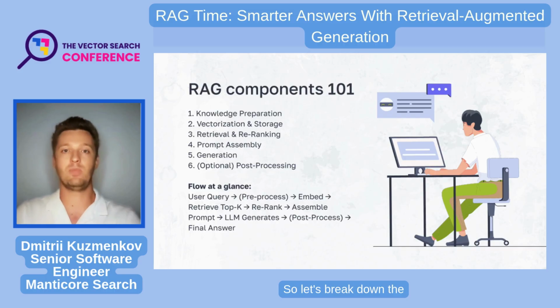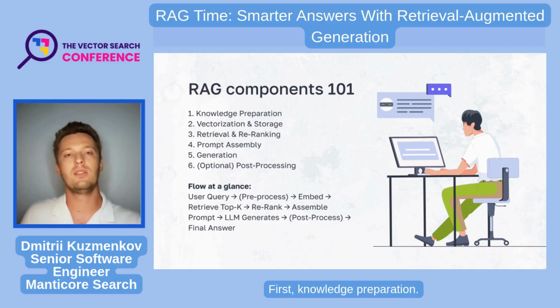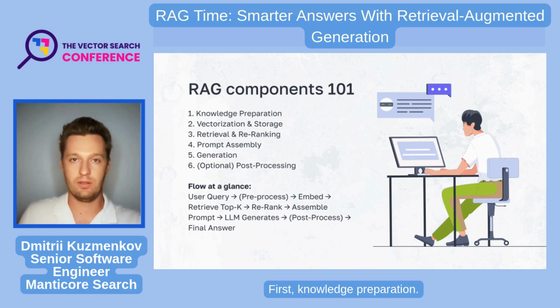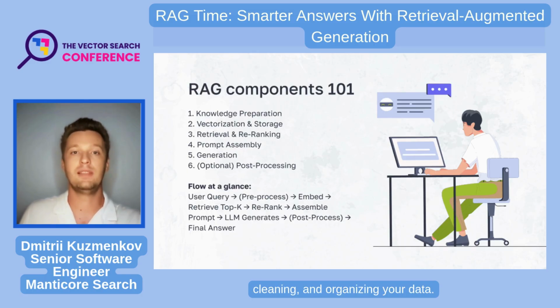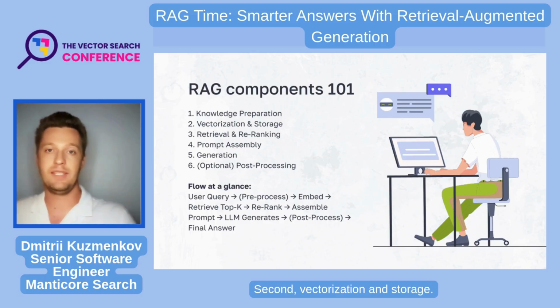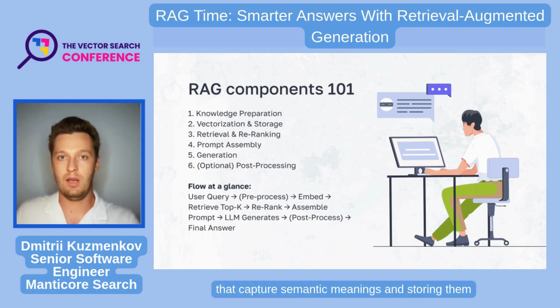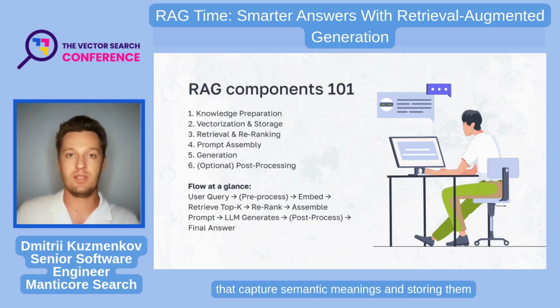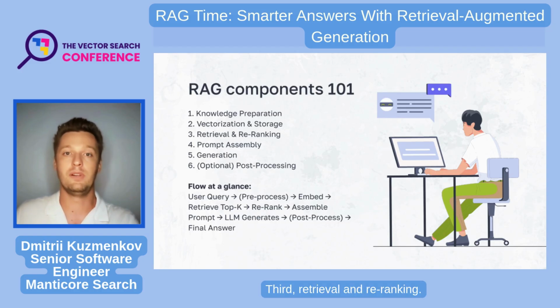So let's break down the core components of a RAG system. First, knowledge preparation. This involves collecting, cleaning, and organizing your data. Second, vectorization and storage. Converting your text into numerical representations, vectors, that capture semantic meaning and storing them efficiently. Third, retrieval and re-ranking.